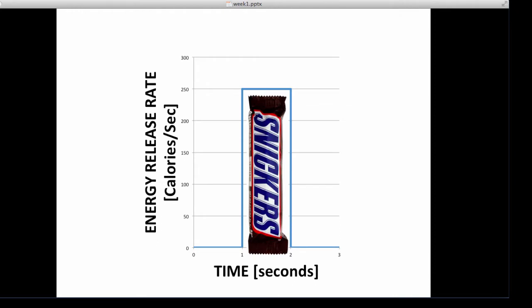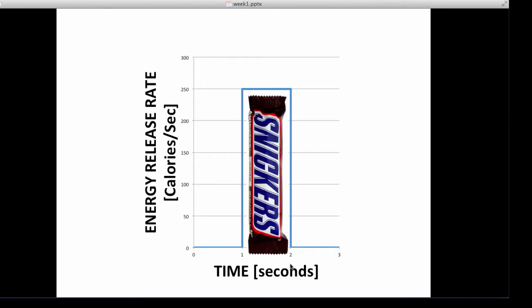If I now add an x-axis, so this bottom bar, onto my graph, that adds a time component to the amount of energy in this Snickers bar. The way I'm phrasing it here is how quickly we can get that energy out. So the inside of the box is still 250 calories.